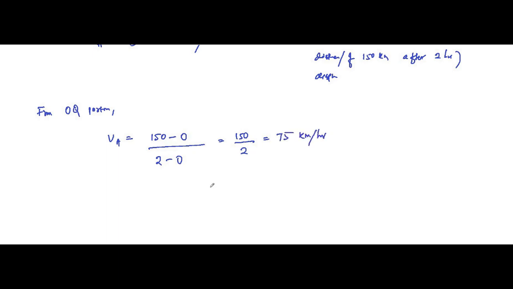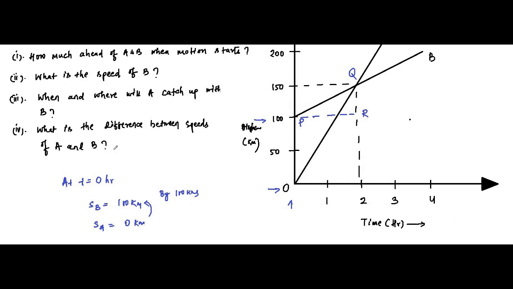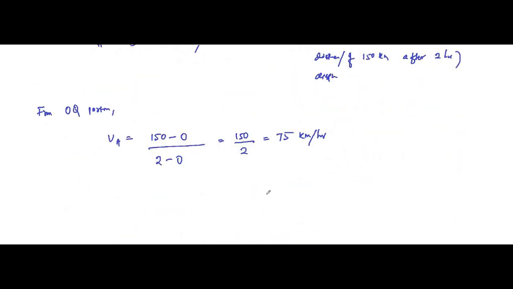So A is traveling faster than B, and the difference between speeds of A and B is VA minus VB, equal to 75 minus 25 kilometers per hour, that is equal to 50 kilometers per hour.